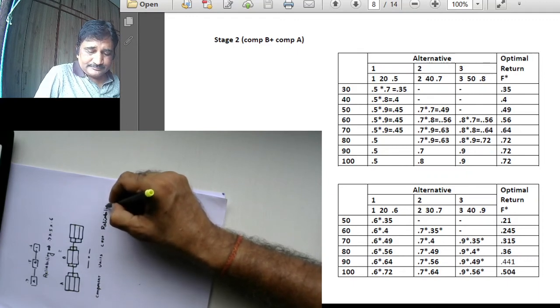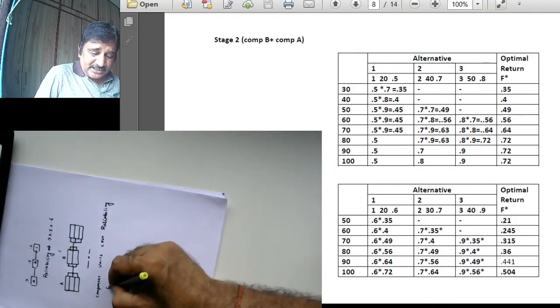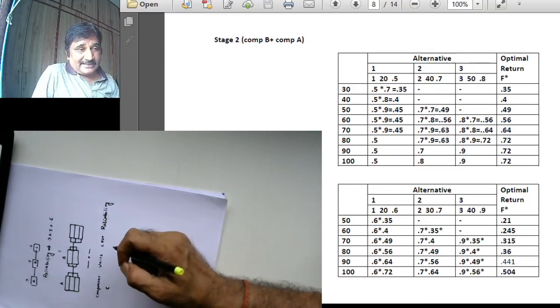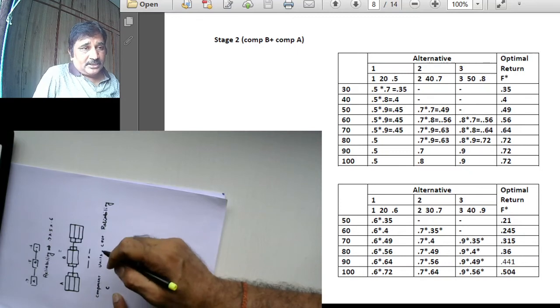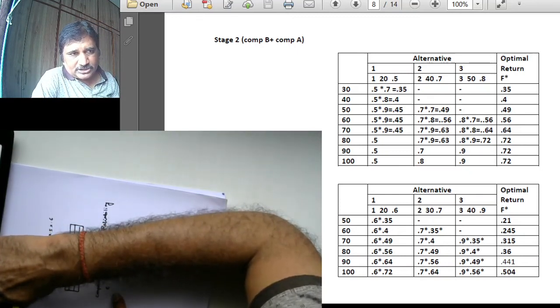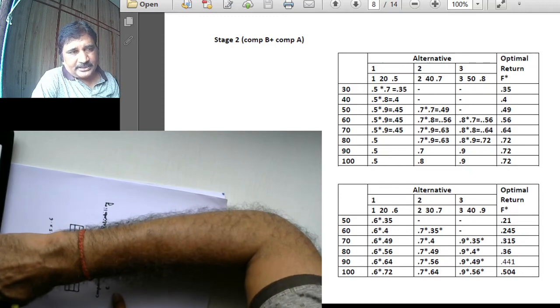All right. Then component C I'll be writing first because that comes first when I start backtracking. Component C.